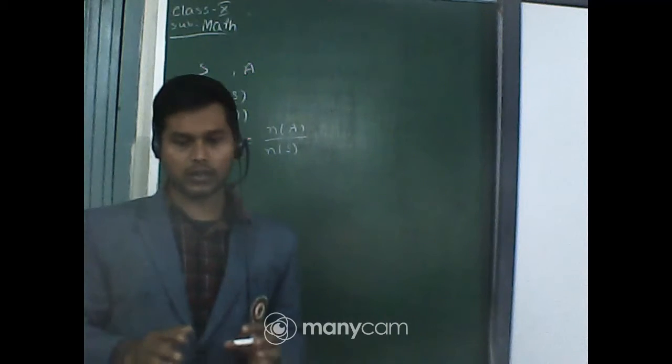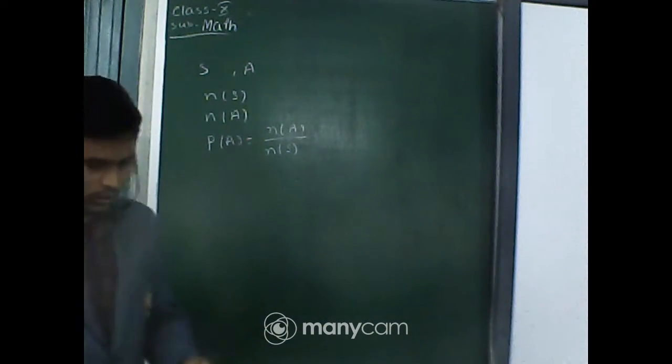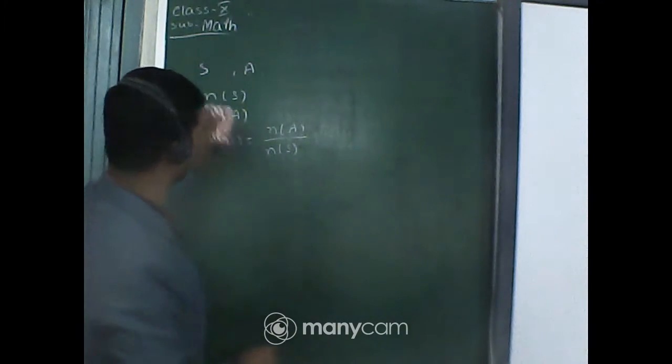Clear? Now we are going to solve a few problems using these definitions. Before going to the problems, we have a few MCQ type questions here, so let's solve the MCQ questions.